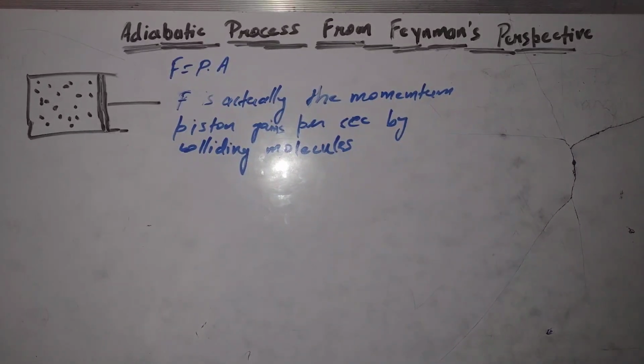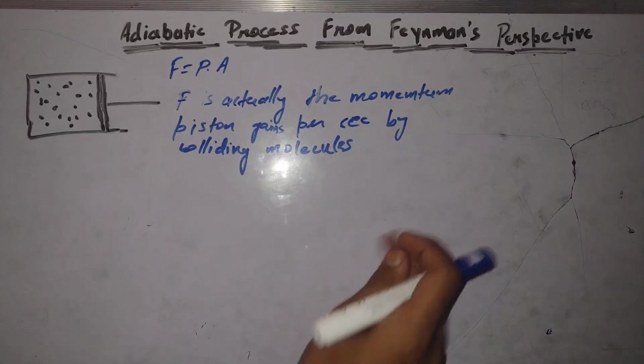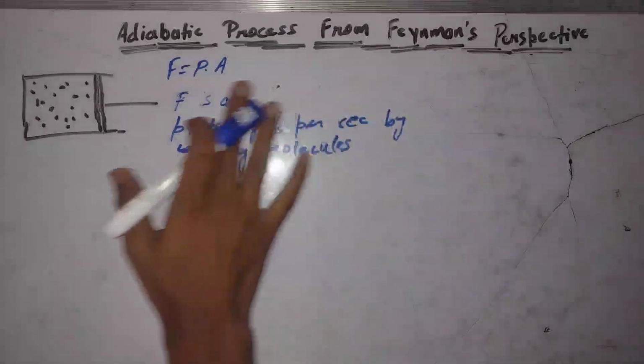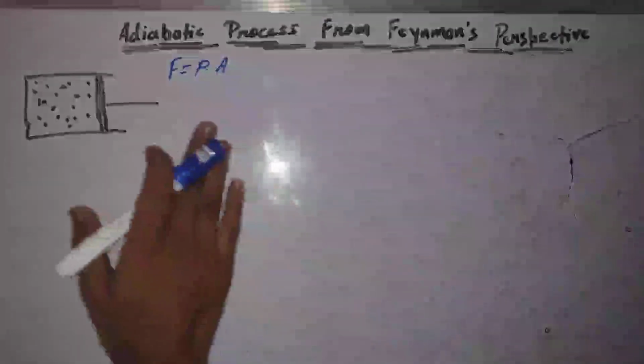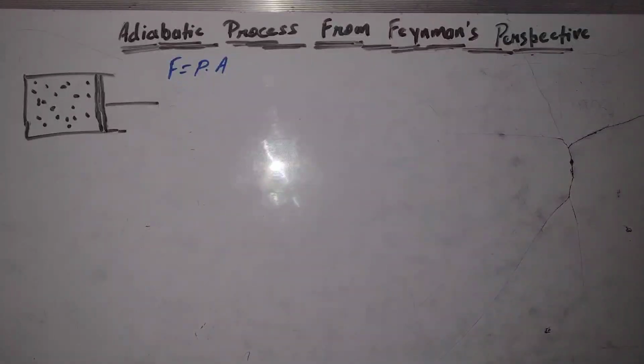Let me repeat it once: force can also be expressed as pressure times area, but it actually comes from the idea that it is equal to the momentum per second delivered to the piston by colliding molecules. That is, I think, very obvious. I'm rubbing this out just to make more space, which shall be used later.